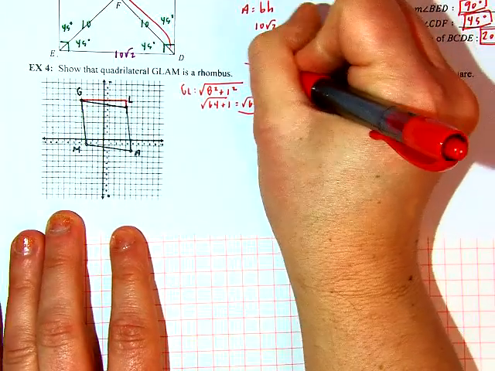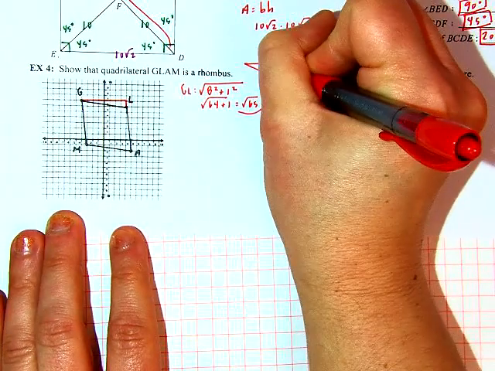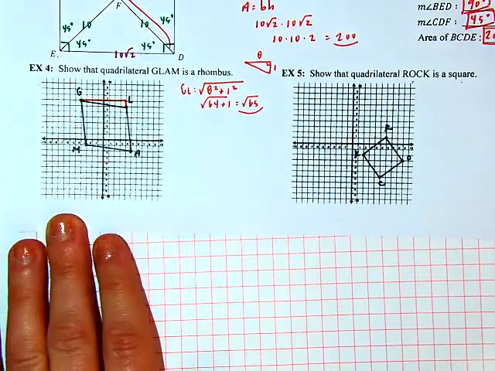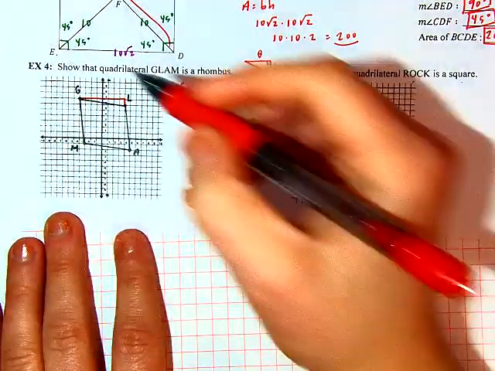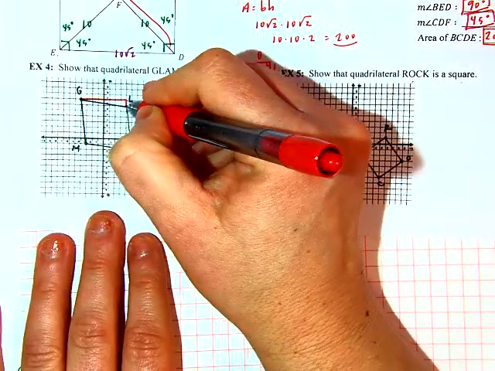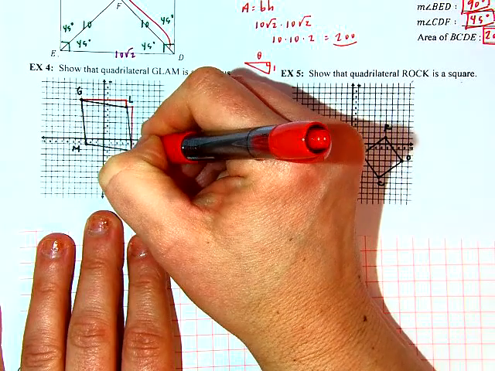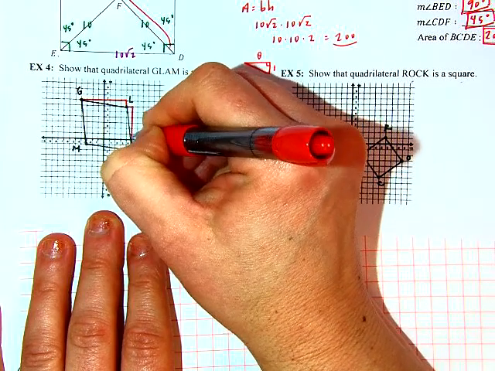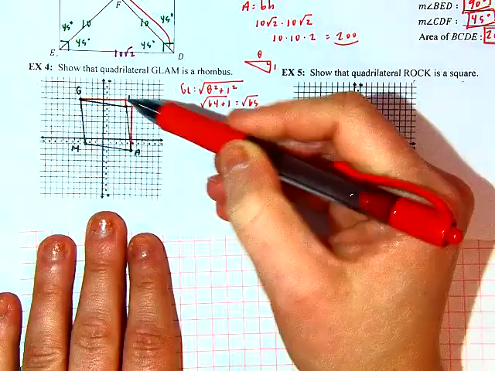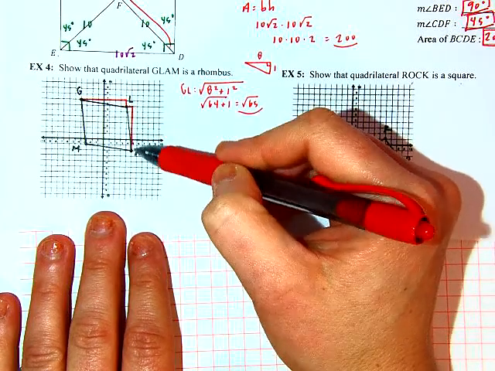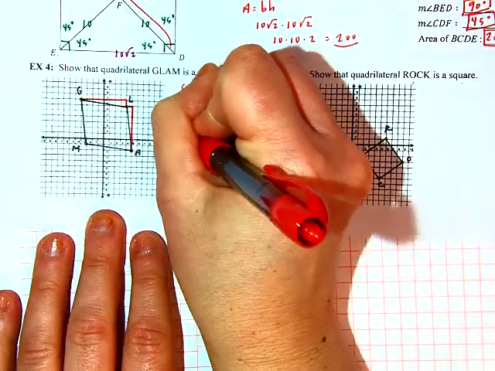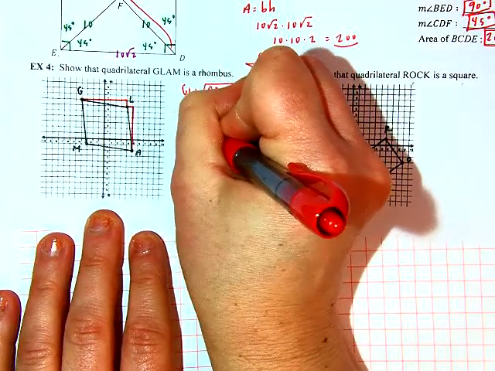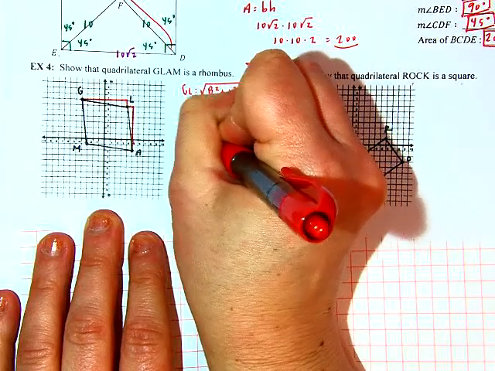Let me just sketch that, where this was 8 and this is 1. I was getting the hypotenuse. Now if I look at where AL is, I'm going to see the same triangle. No matter how I frame it, I have a leg of 1 and a leg of 8. So AL is going to be the same, root 65.